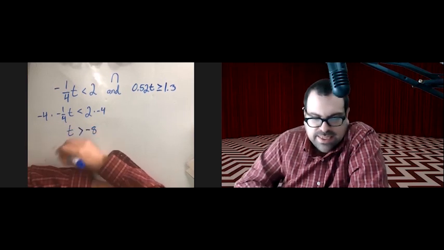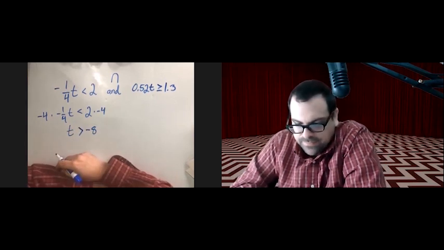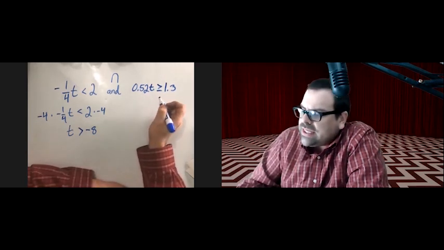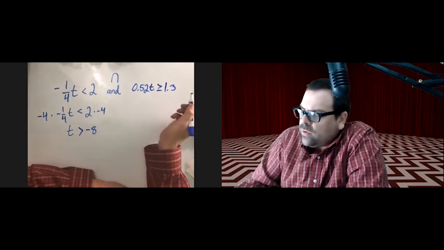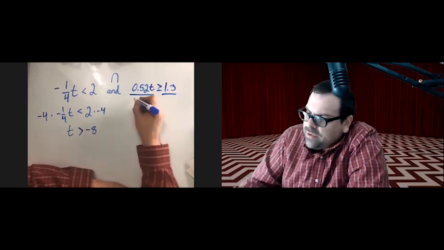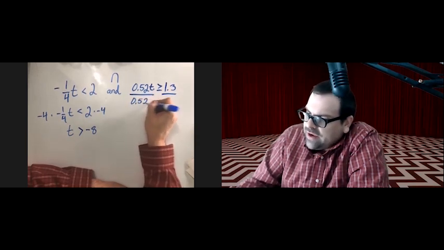We're just left with the t on the left. Over here, 0.52 t greater than or equal to 1.3. We'll go ahead and divide both sides by 0.52.